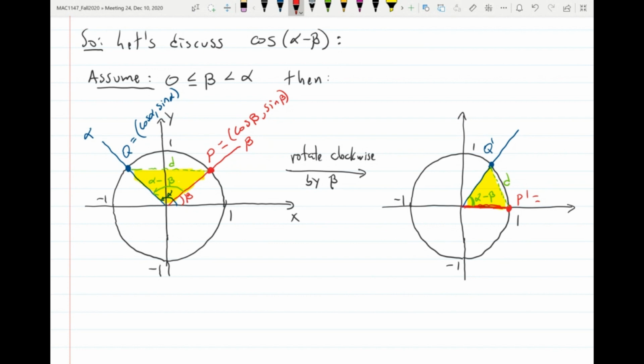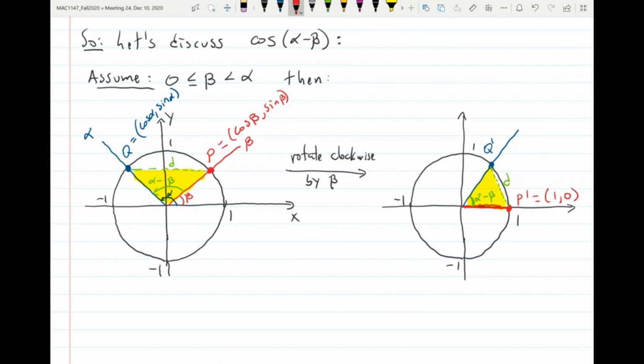What's the x value? It's on the x-axis and we are on the unit circle. So what's the x value of P prime? Look at the picture, it's a very easy question. Where is P prime? 1. So what's the coordinate of P prime?